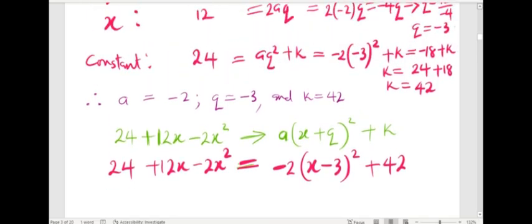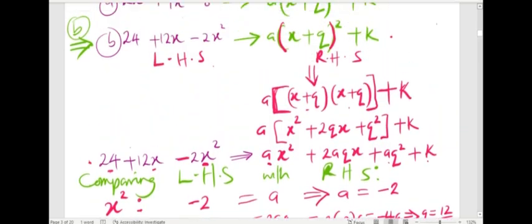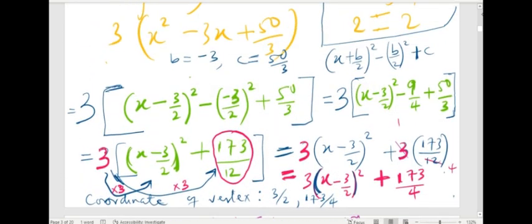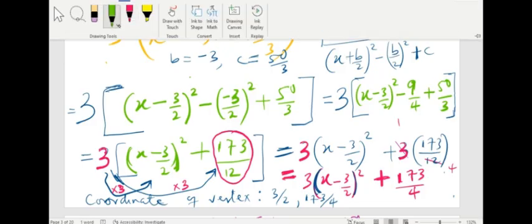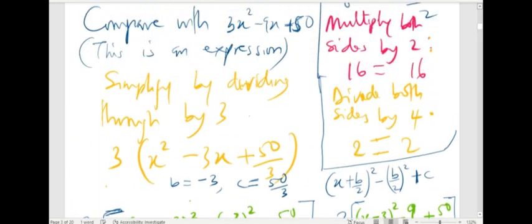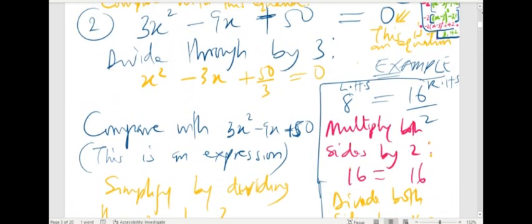I will recommend that you try using this alternative method in solving this question, where we got 3x squared minus 9x plus 50. Use that method.